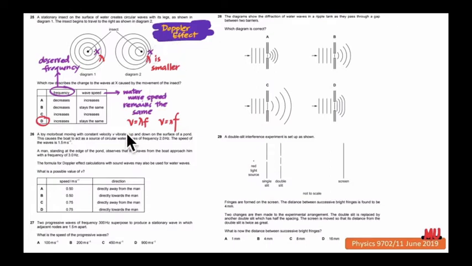Alright, and in this next question, question 26, is again about this phenomenon. The formula for this is observed frequency f sub O equals the sum of the speed of the wave v and speed of observer v sub O, all over the sum of speed of wave v and speed of source of wave v sub S, multiplied by the frequency of the wave f.